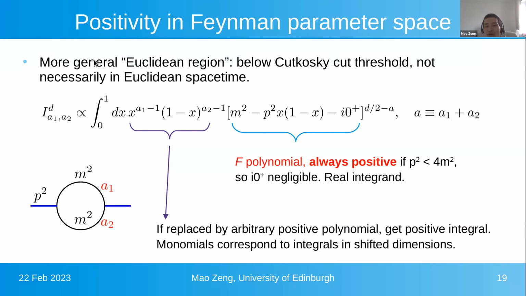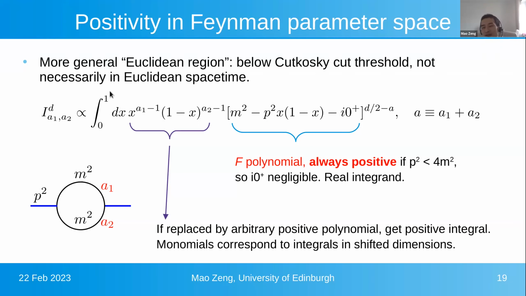Once you expand the polynomial into monomials, each monomial can be identified with some power of x and 1 minus x, and so it can be identified with the bubble integral with some values of a1 and a2, and by integration by parts reduction, all these constraints become constraints on the two master integrals.